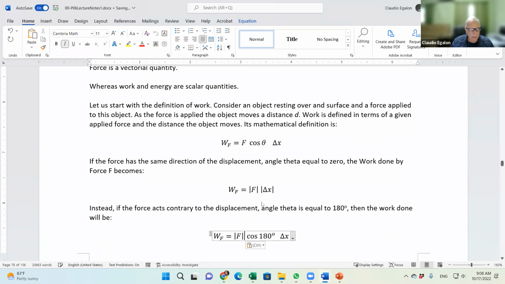The right way would be to put magnitude here. I should have put magnitude, because what determines the sign is going to be this angle theta, the cosine of theta.